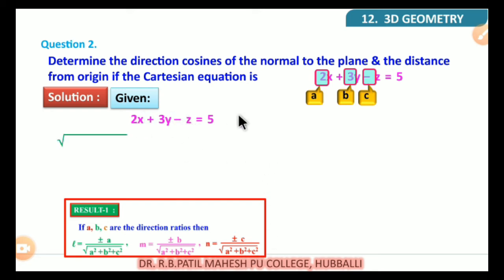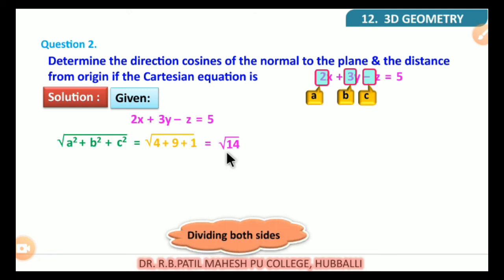Let us consider 2, 3, minus 1 as the direction ratios, that is the A, B, C values. Now find the square root of A square plus B square plus C square. This is equal to 2 square, which is 4, plus 3 square, which is 9, plus minus 1 square, which is 1. So it is exactly equal to square root of 14.